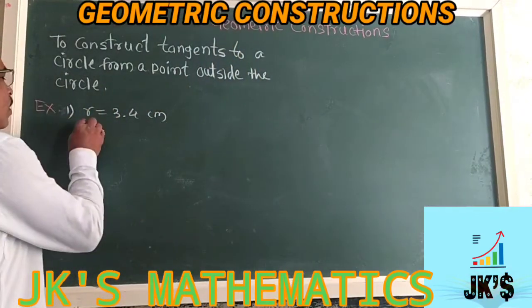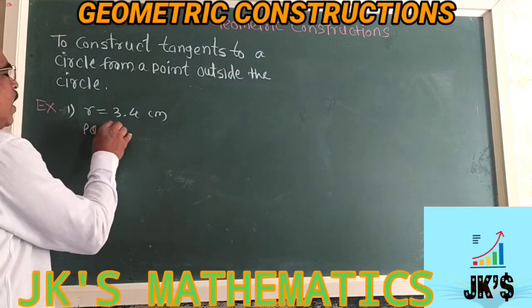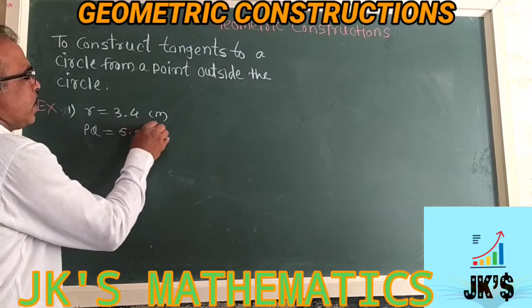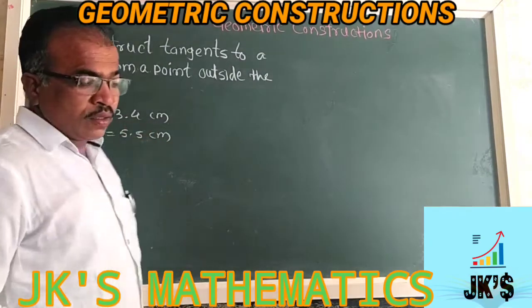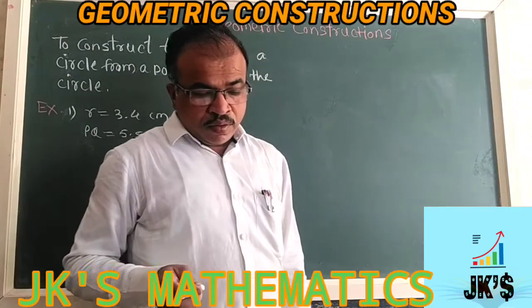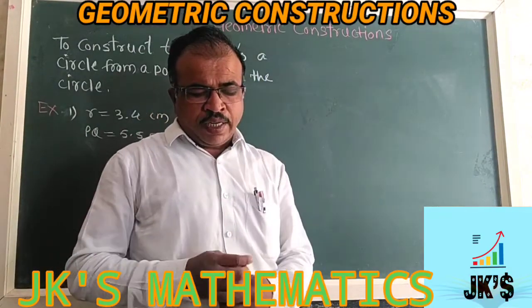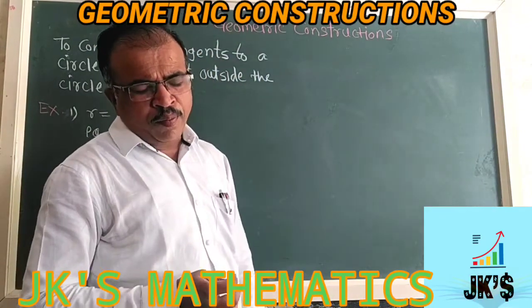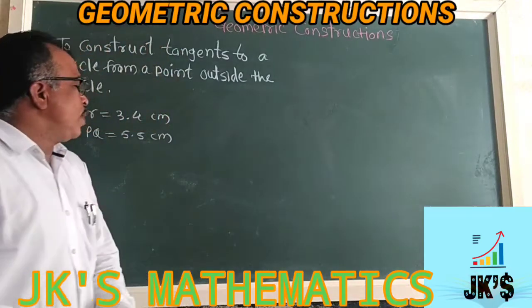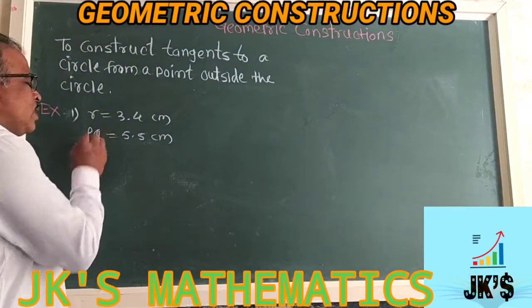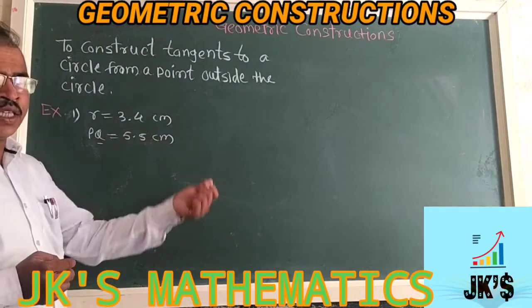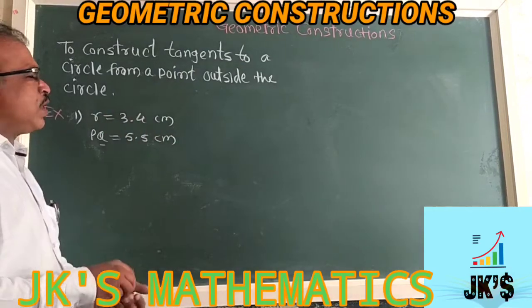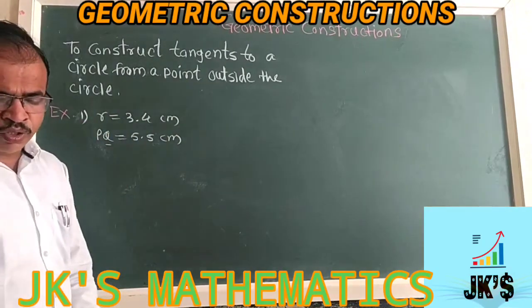Means PQ distance is given as 5.5 centimeter. Construct tangent to the circle from point Q. Means from point Q, Q is a point outside the circle. From that we have to construct the tangents to the circle.